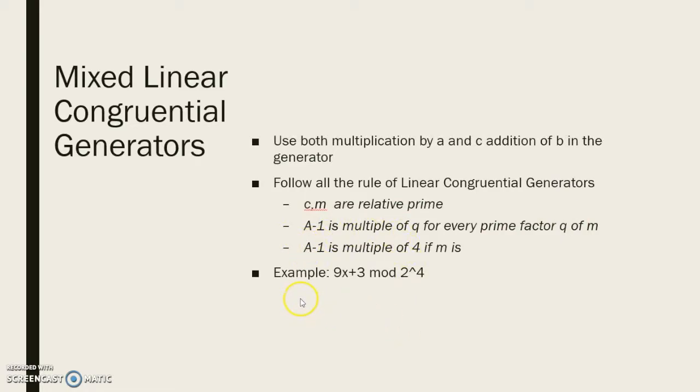An example of a mixed linear congruential generator is when A equals 9, C is 3, which is bigger than 0, and M is 2 to the power of 3, which is 8. So this is the basic characteristic of the mixed linear congruential generators. It's the same as the linear congruential generator, but by having C bigger than 0, it's called a mixed linear congruential generator.